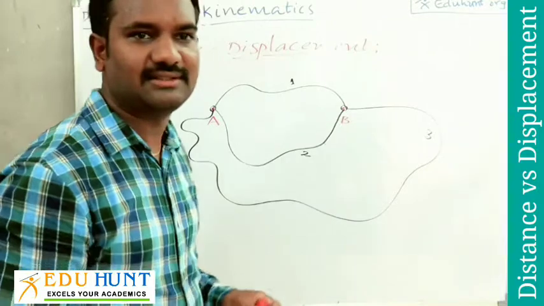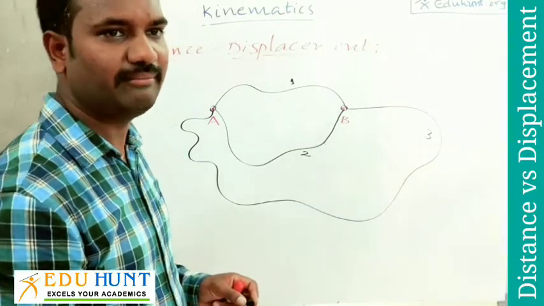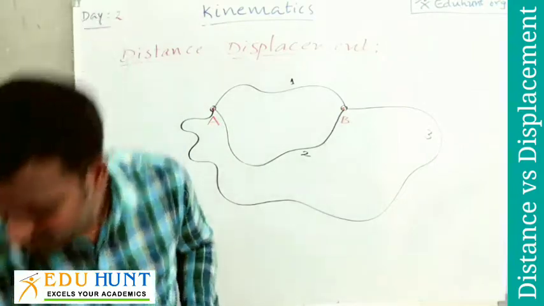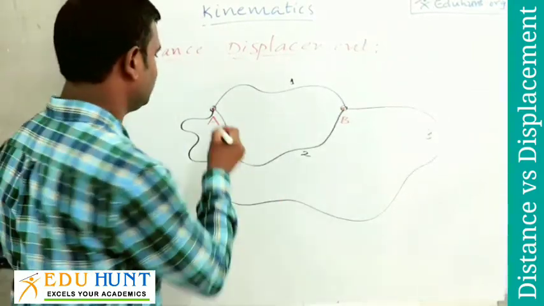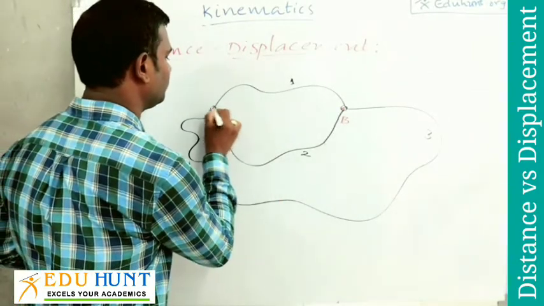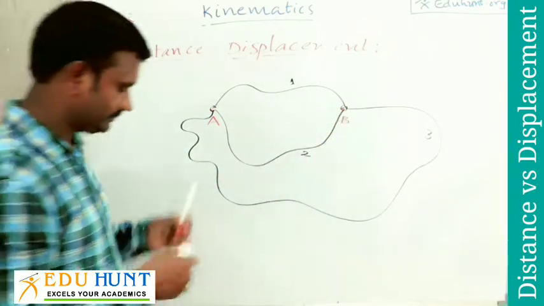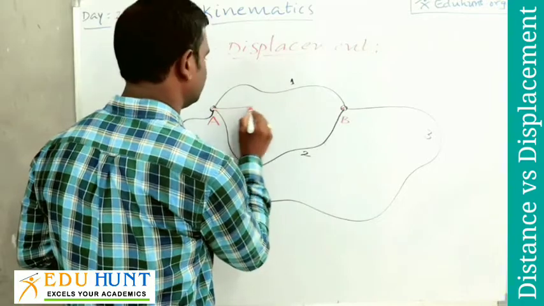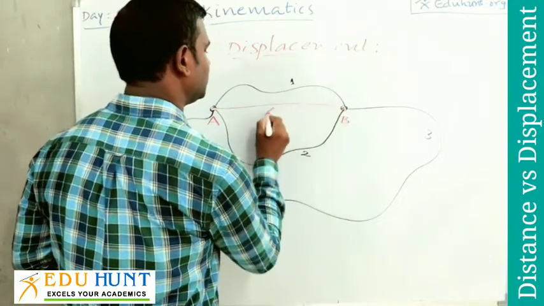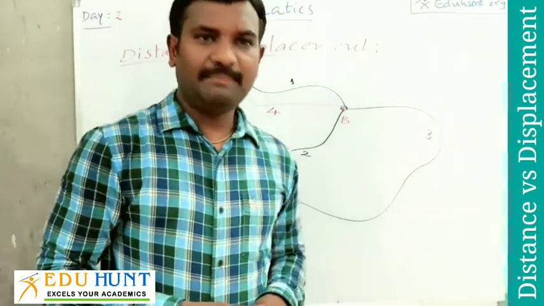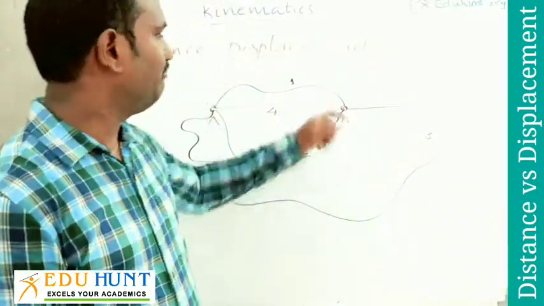I have many ways to reach from A to B. And one more path, that is path number 4. So in any path we can reach B.